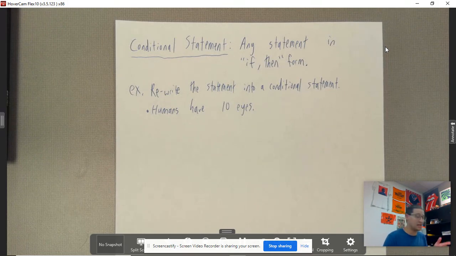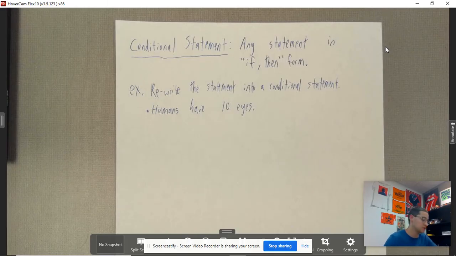All right, so again, we need an if and a then for it to be a conditional statement. Okay, so we want to think about how we can rewrite it, and there's probably a couple different ways. I'm a little bit flexible with how you write it, but as long as it has an if and a then, it will make sense.